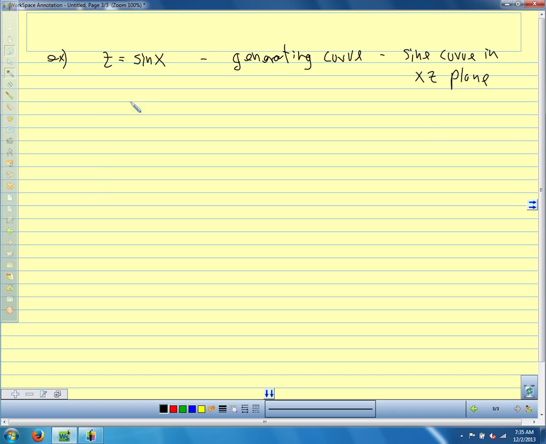So we'll sketch our generating curve and then come up with our surface. So our sine curve is going to be in the xz plane here. Let me sketch that. I'll do it in blue this time. So we're in the xz plane, and my curve is going to look something like that in the xz plane.